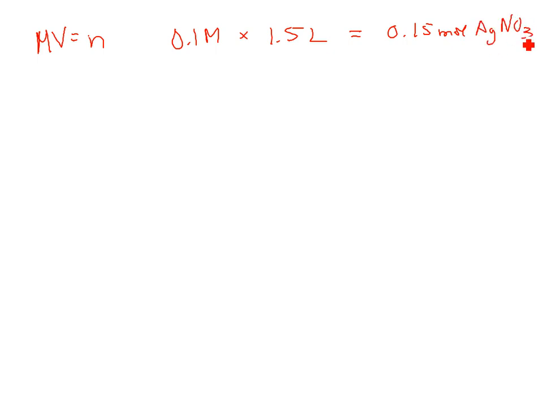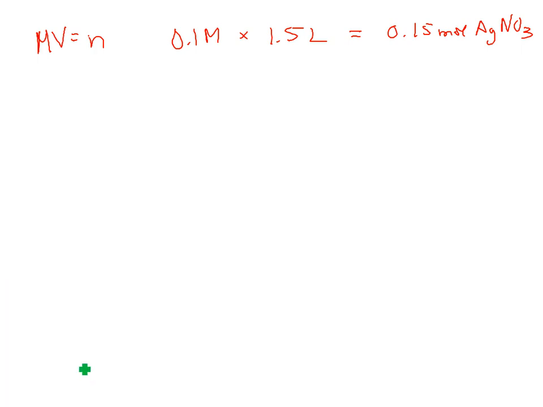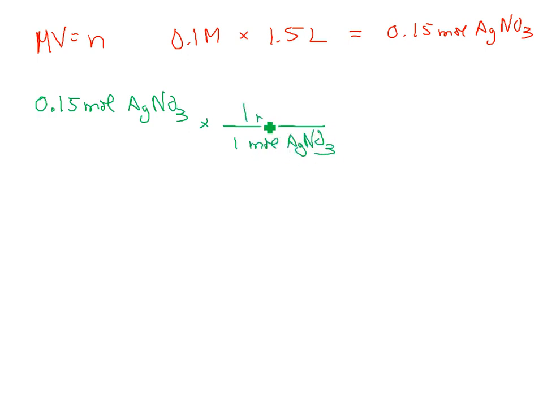It asks, how many grams of silver nitrate do I need? Or, excuse me, sodium chloride. Because it's a 1-to-1 relationship, I have 0.15 moles of AgNO3. If you look at your balanced equation, you need the same number of moles of sodium chloride. So I know I need 0.15 moles of NaCl.